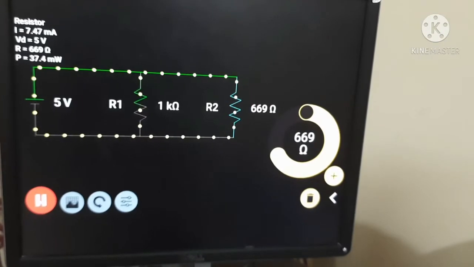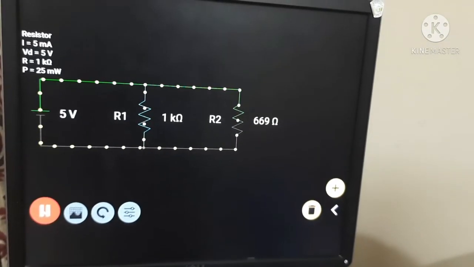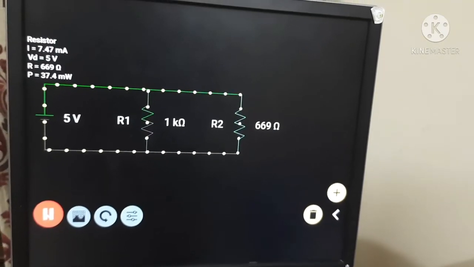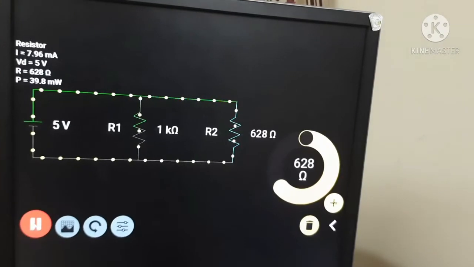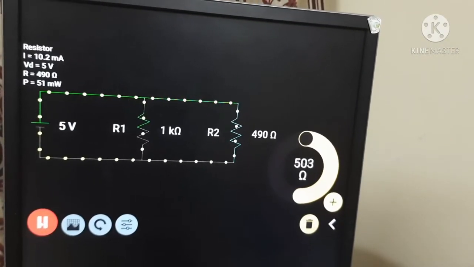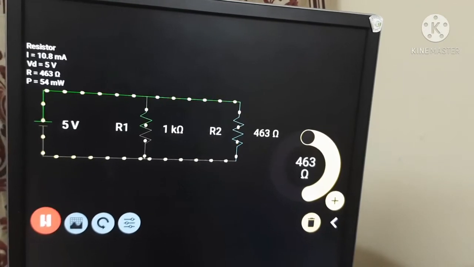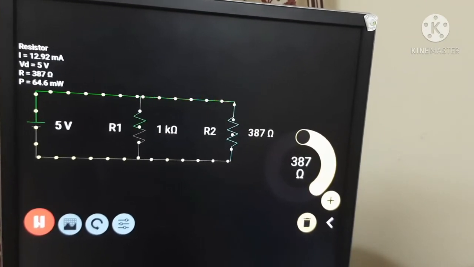Earlier it was 5 milliamperes. Now you can see the current has increased in this R2 path. So as the resistance decreases, the current flowing through R2 increases.